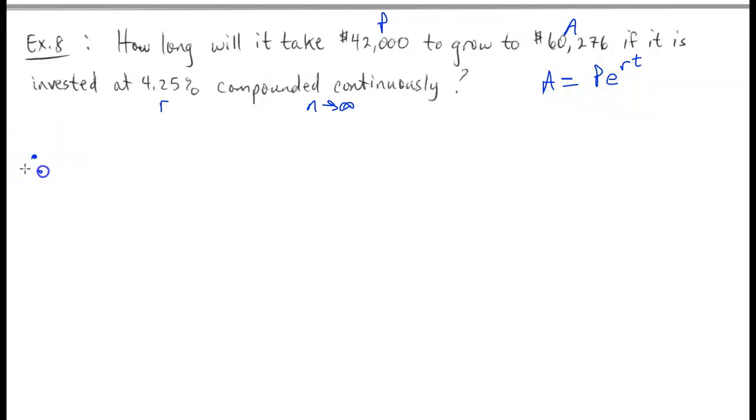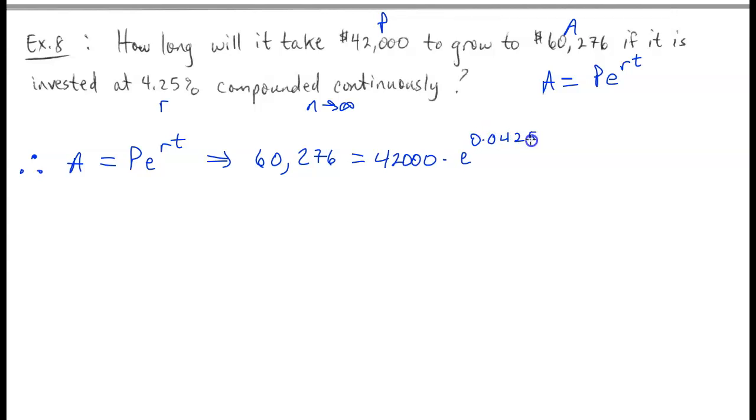So therefore, we know that A is equal to P times e raised to the rt. That implies that we have 60,276 equal to 42,000 times e, and then that's going to be raised to the r, and for this r, we're going to put the interest rate in decimal form.